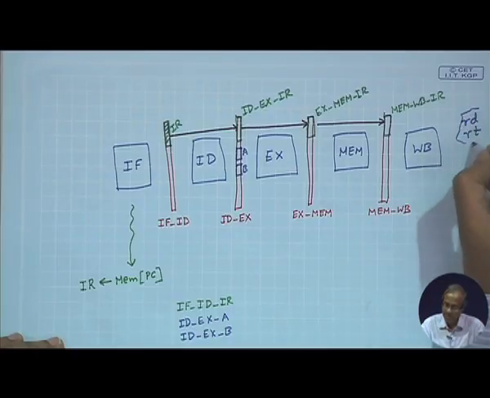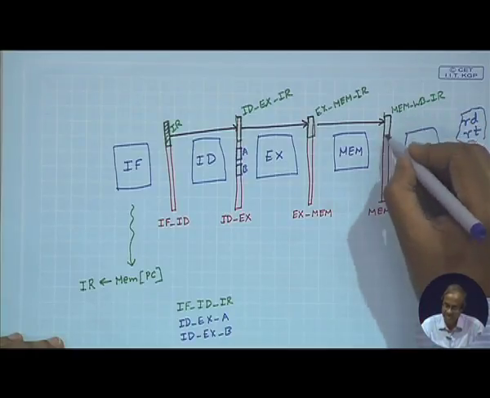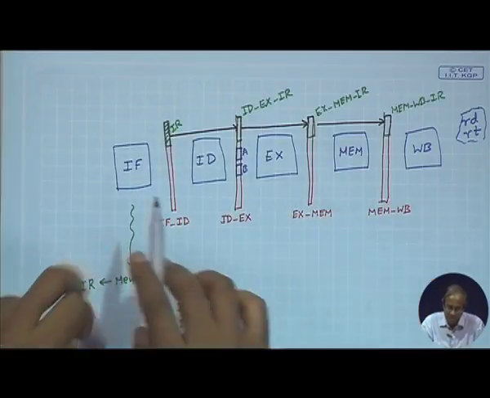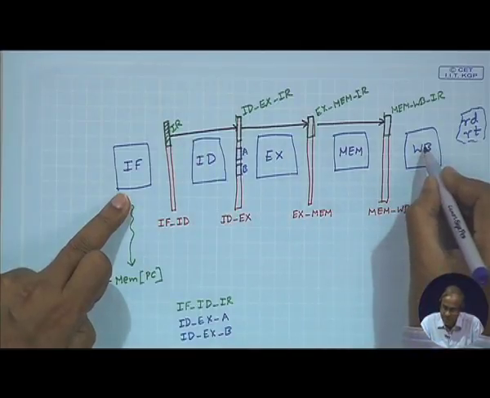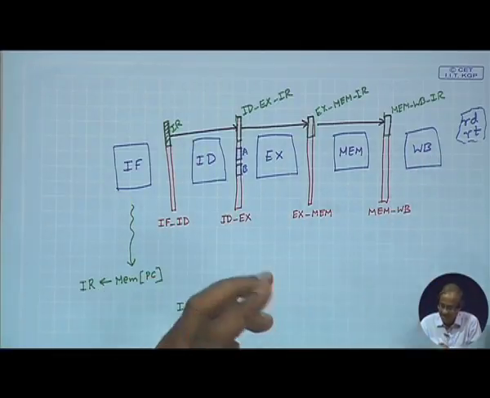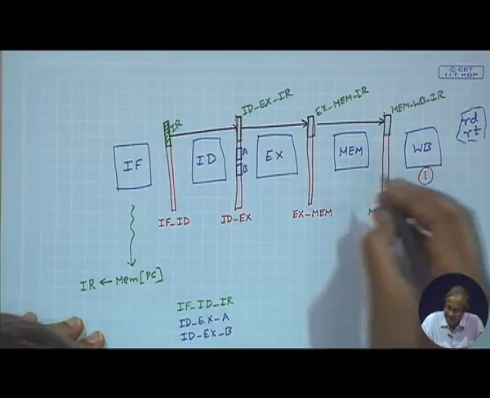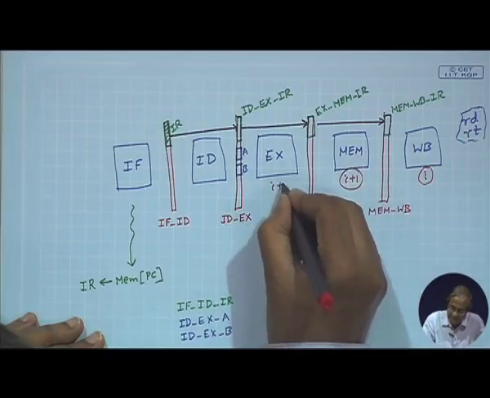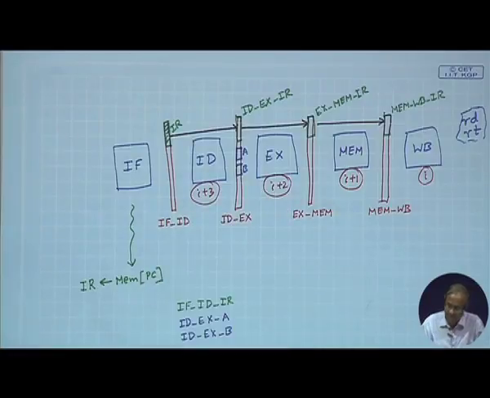So, both the values of RD and RT should be available to you, and that is present in this instruction IR, and you need to forward it because when instruction I has reached WB, let us say here you have instruction number I, your next instruction is here, the next is here, and I plus 3 is here, and so on.